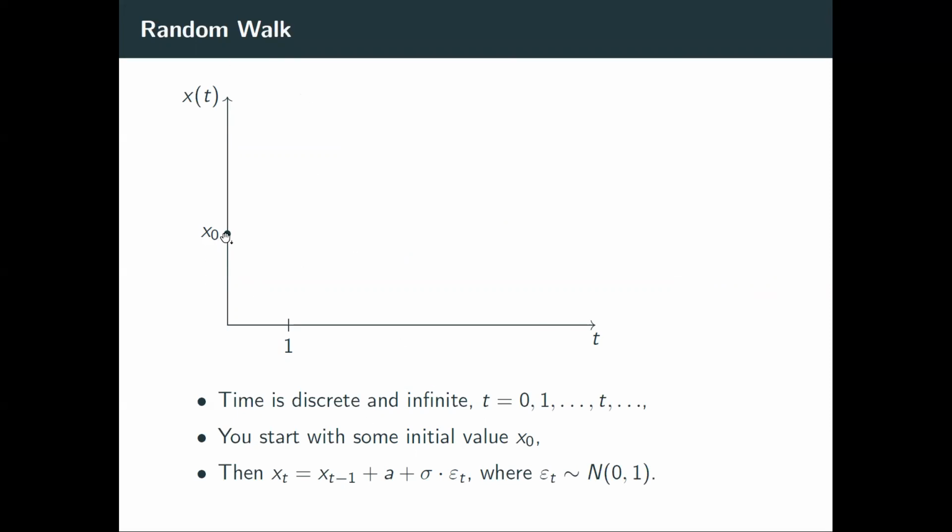So at 0 it's x0, and then in the next period, the process takes the previous value, adds some fixed number a, positive, negative, whatever, and then just some random noise.